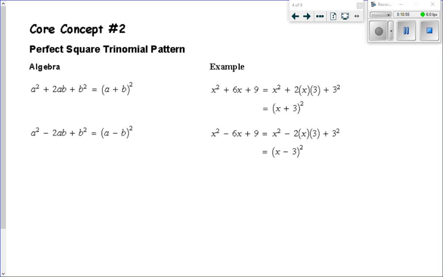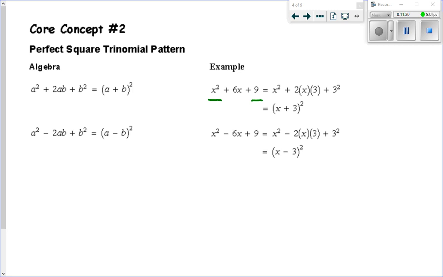So as you can see over here, let's look at this first example. We've got an x squared and a 9. Okay, that'll work. But you can't just say, oh, this is automatically a perfect square trinomial. You have to figure out if the a and b, the product of a and b times 2 equals that middle term.